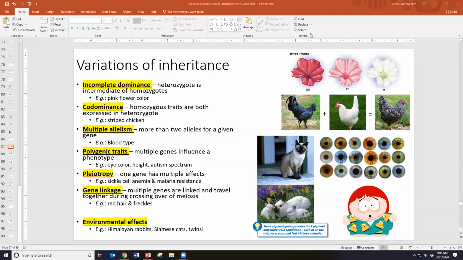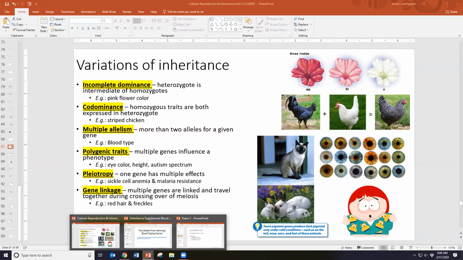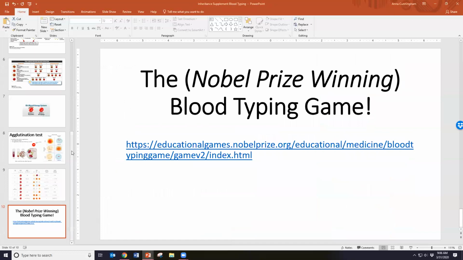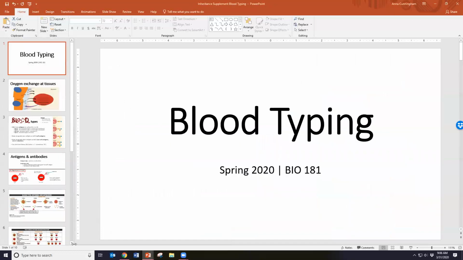Because we are on this slide, where we talked about codominance and multiple allelism, before we move on to X-linked inheritance, I want to jump over to the other lecture that I made, which is posted on Canvas.